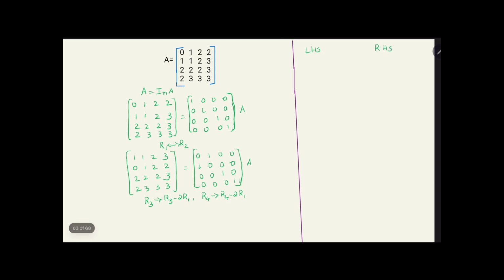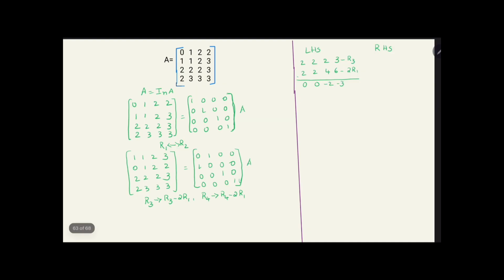For the left-hand side, first let's see this operation. What is R3? R3 is 2, 2, 2, 3, and I should multiply R1 by 2, that is 2, 2, 4, 6. So this is R3 and this is 2R1. I should subtract these two. 2 minus 2 is 0, 2 minus 2 is 0, 2 minus 4 is minus 2, and this is minus 3.